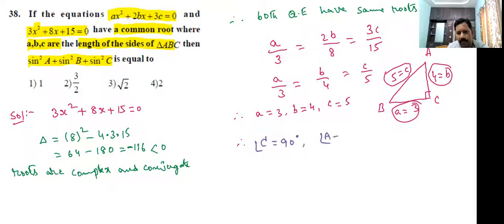Then what about angle A plus angle B? That is also 90 degrees. The sum of three angles is 180 degrees or not?